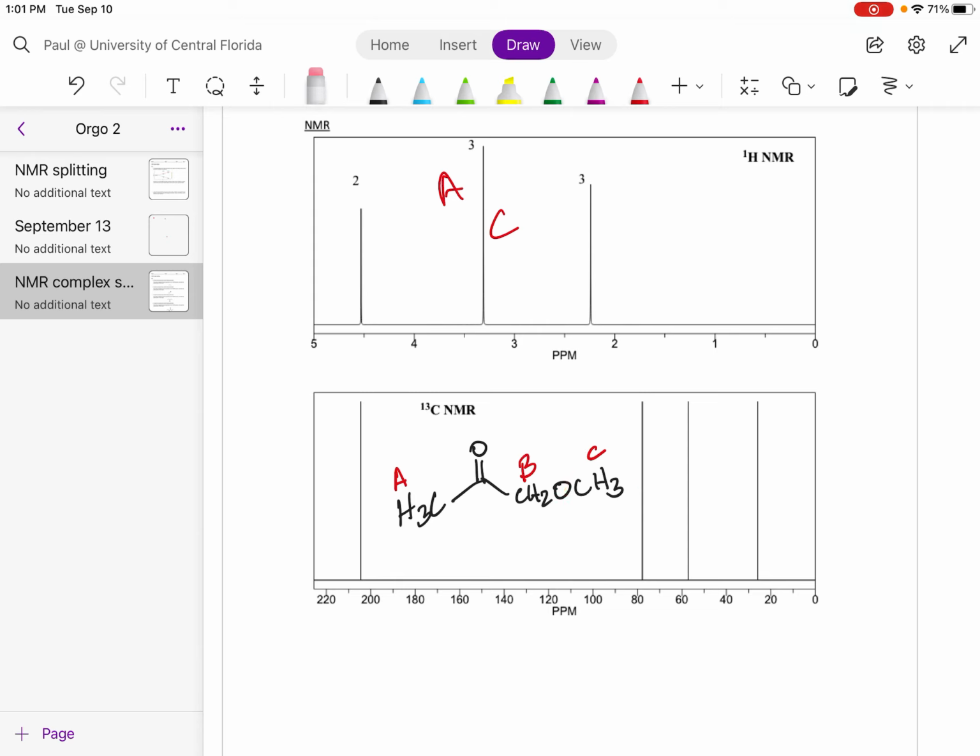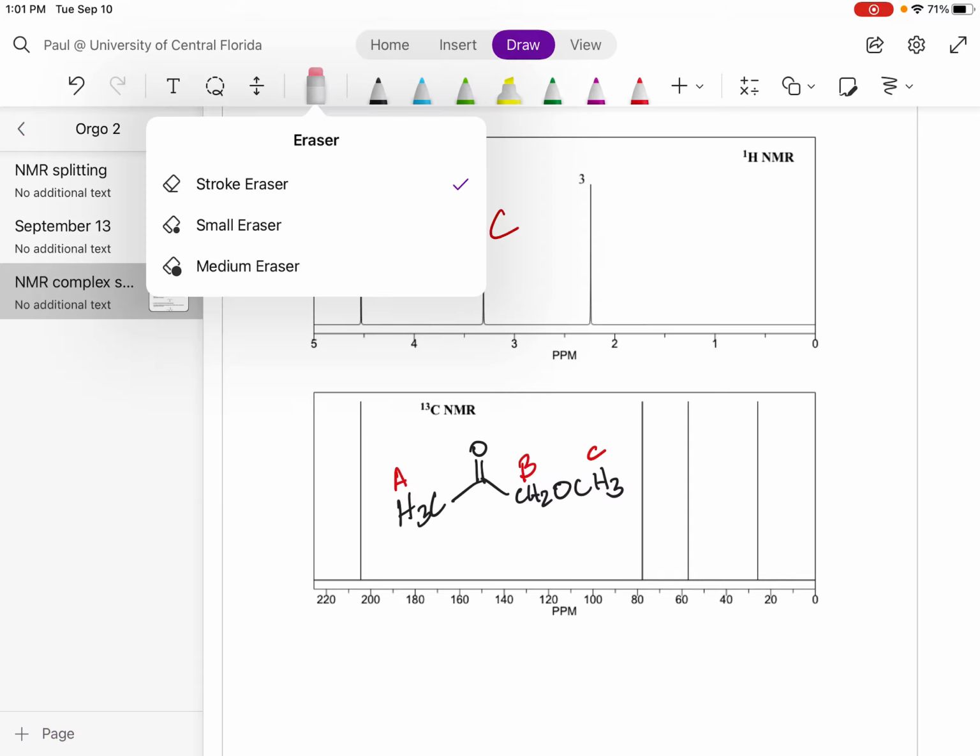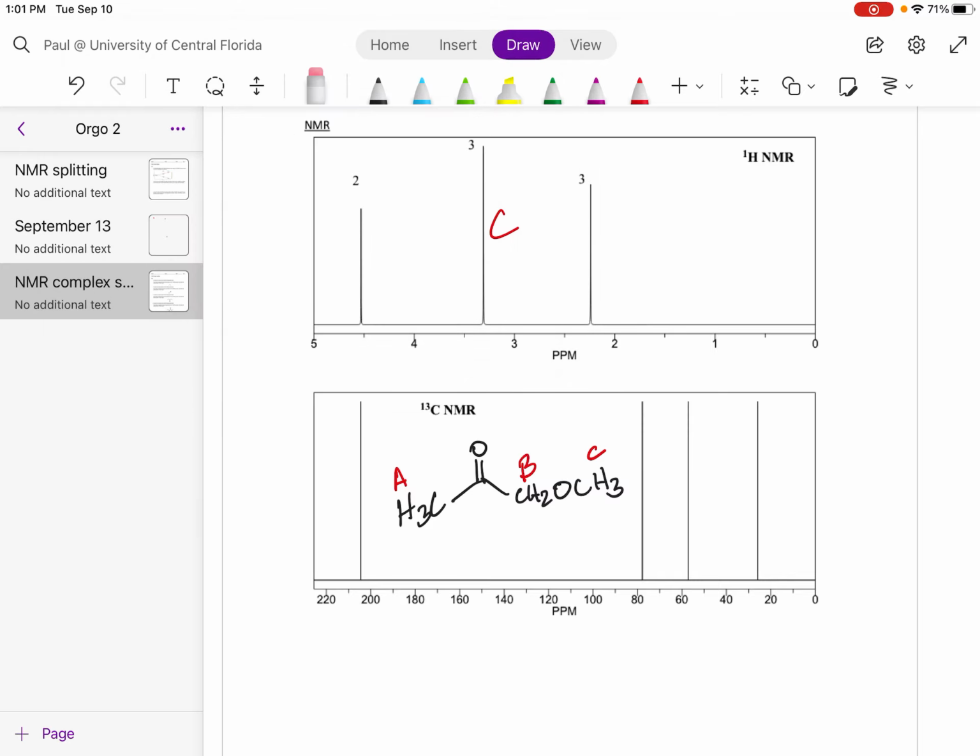And if you recall in class, what did I say? I said, no, A is further downfield because of the molecular anisotropy. But molecular anisotropy really has the strongest effect when the hydrogens are directly attached. So for example, like the aldehyde.